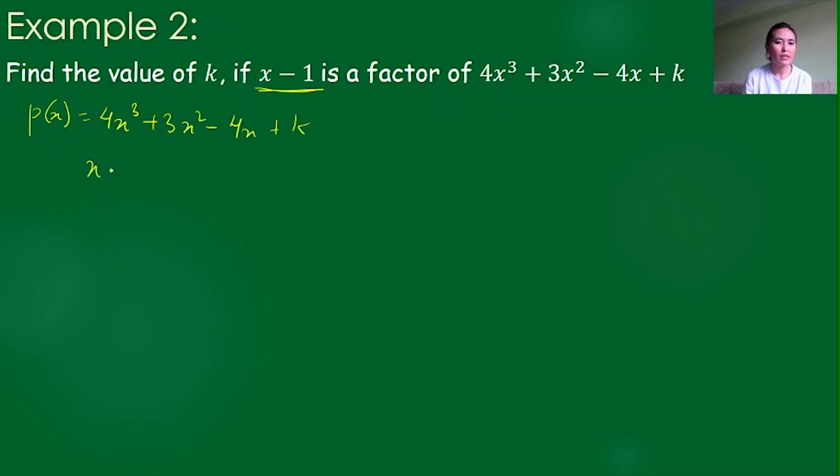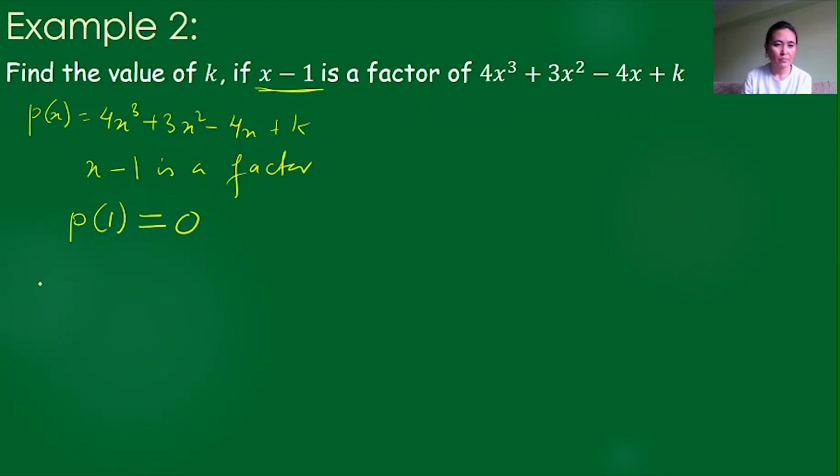Now it is given that x minus 1 is a factor. So the factor theorem states that if x minus 1 is a factor, then P of 1 should be equal to 0. So let's find P of 1, or the value of the given polynomial at x equal to 1.